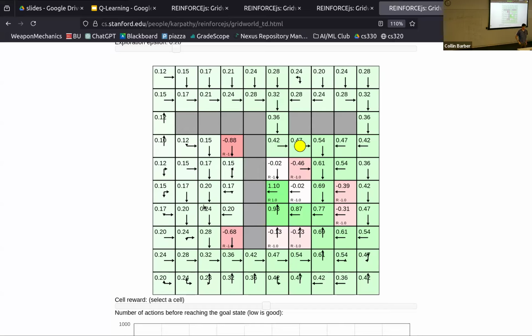So you determine if it's the quickest path based on the gamma value, right? So figure out how much you weight the future. Our reward function in particular here is just give you 1 if you hit the end. So if we wanted it to be the actual shortest path, we would give you 1 if we're at the end, but also give you minus 0.005 if you're not at the end.